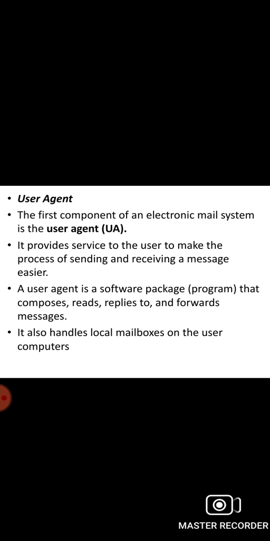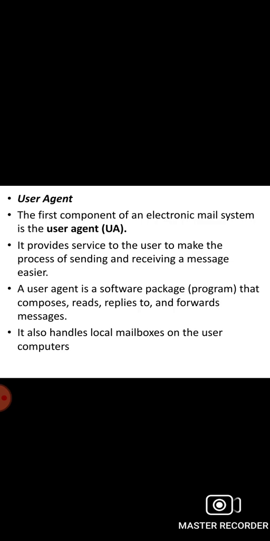Forwarding is defined as sending messages to a third party. A user agent allows the receiver to forward the message with or without extra commands to a third party. So that is the difference between replying and forwarding. Replying means you are sending back to the sender, but forwarding is sending a message to a third party.